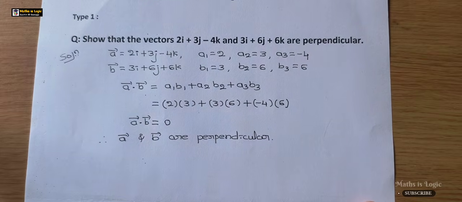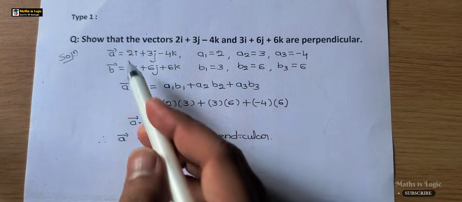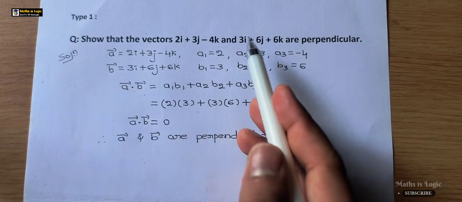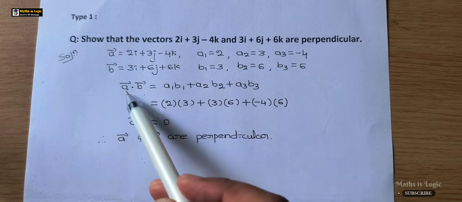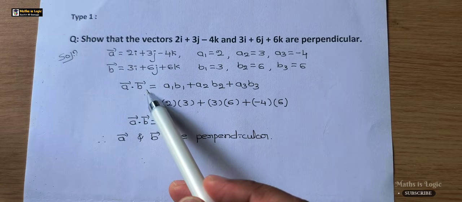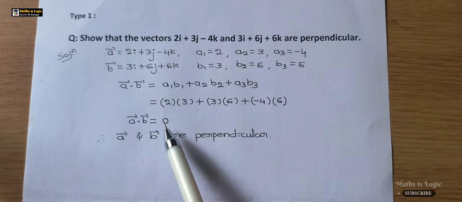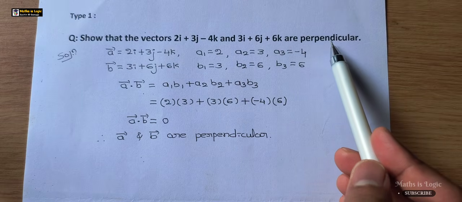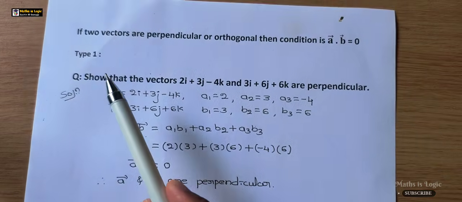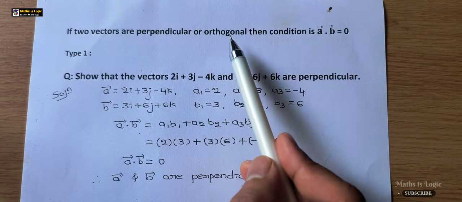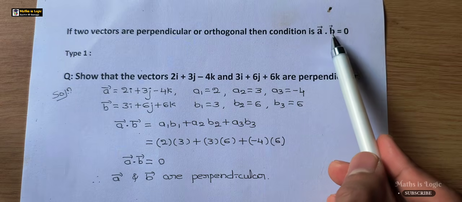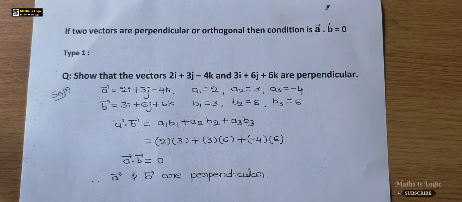So this is the type 1. So in the type 1, consider first vector as A, second vector as B. After that, find out A vector dot B vector. If this final answer goes to 0, that means given these two vectors are perpendicular, because vector perpendicular condition is A vector dot B vector is equals to 0.